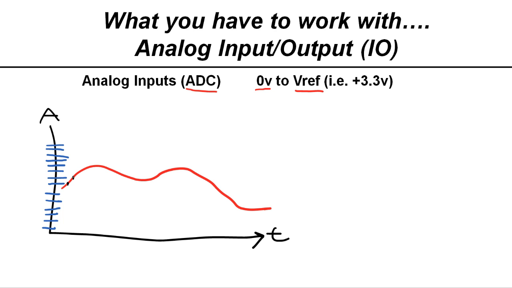But when you read the A to D converter, it always returns a number that is one of these steps, where here is 0, and this would be 1, 2, 3, 4, 5, and so on. It'll just return a number that's proportional to this waveform. All right?